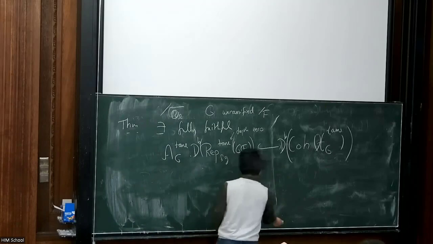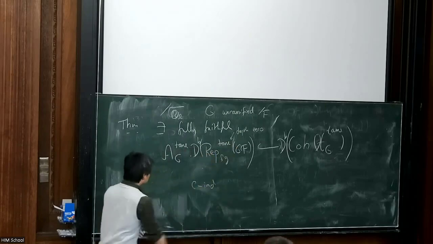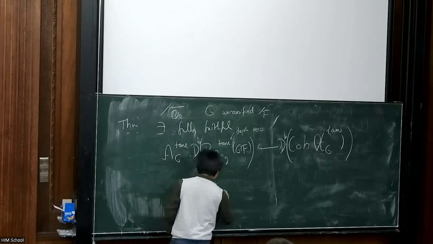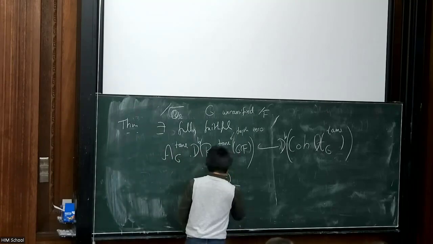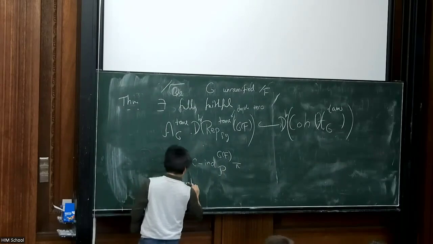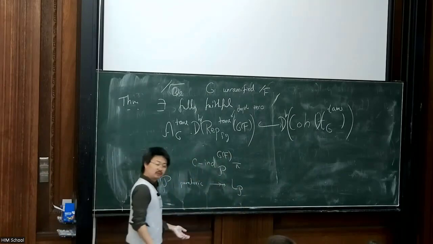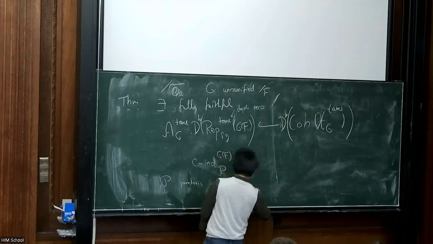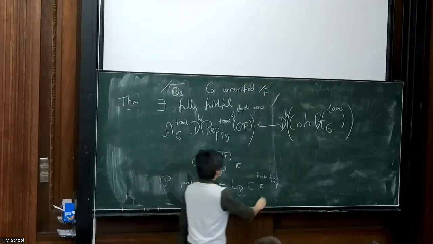What does it tell us? Concretely, on the categorical representations, there is a particular class of objects called compact induced representations. For depth zero, you have P some parahoric, and it has a Levi quotient, which is a finite type reductive group, like a finite group of Lie type, and then it has some finite dimensional representation pi.